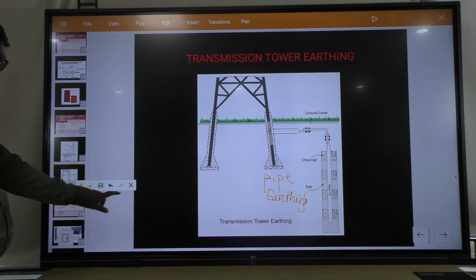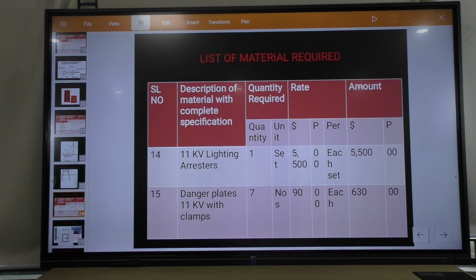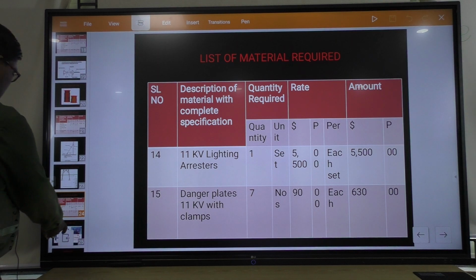Next, 11 kV lightning arresters are also required at the dead ends, and danger plates, 11 kV danger plates, 7 numbers for each pole is required.